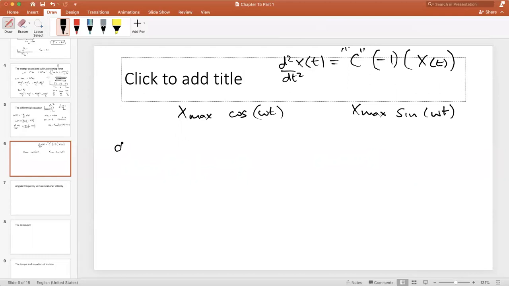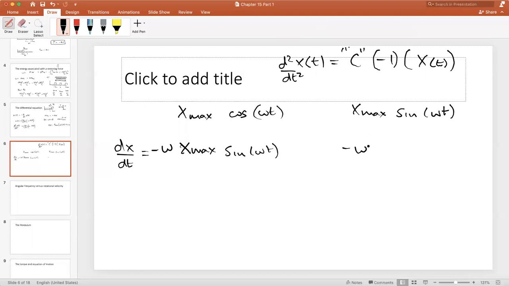The first derivative of x with respect to t, x max is a constant. When I do the chain rule, I take the derivative of what's inside, so I get an omega out, and then I take the derivative of the whole function. The derivative of cosine is negative sine. So I get a negative, and I get sine of omega t.